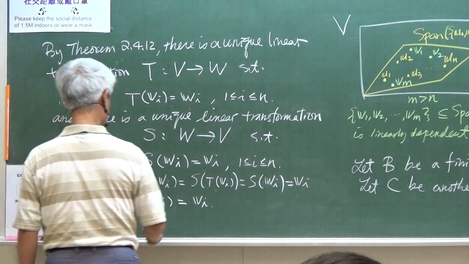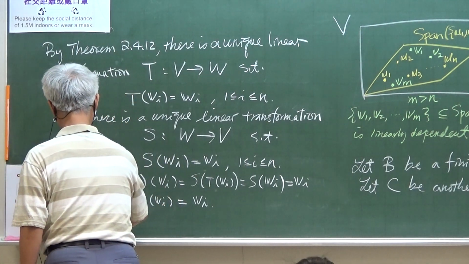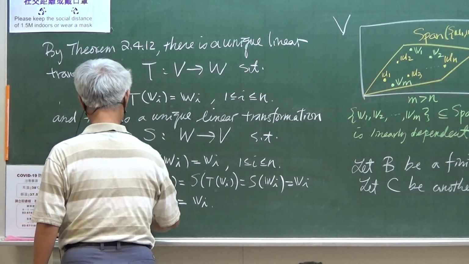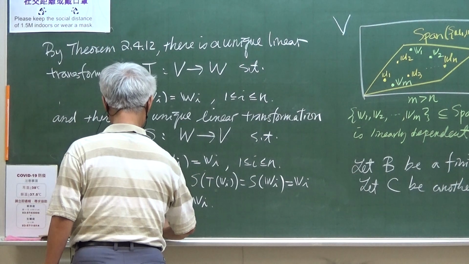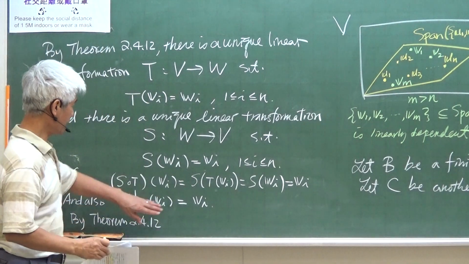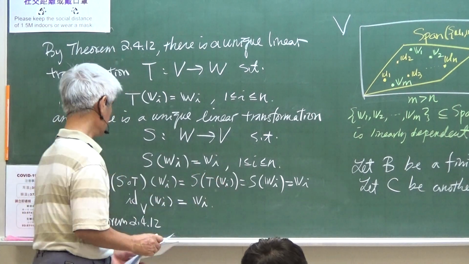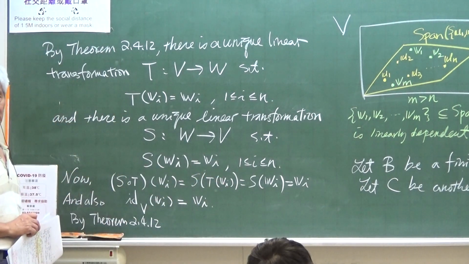And then by theorem 2.4.12, the assignment of Vi to Vi gives us a unique linear transformation.